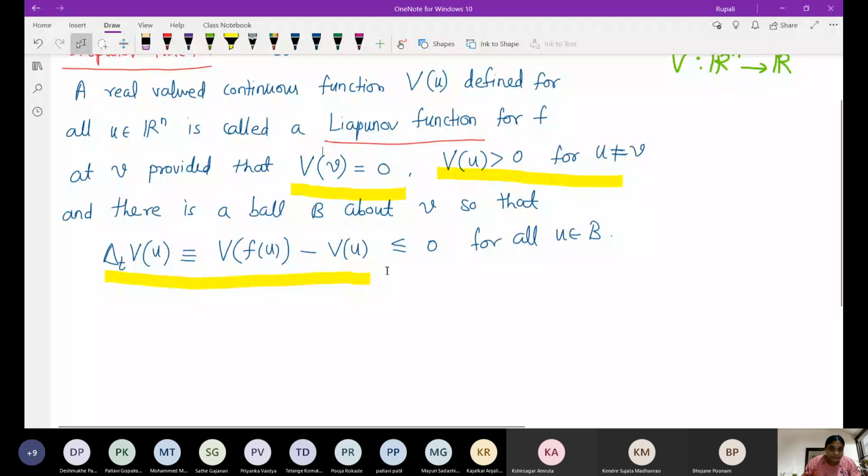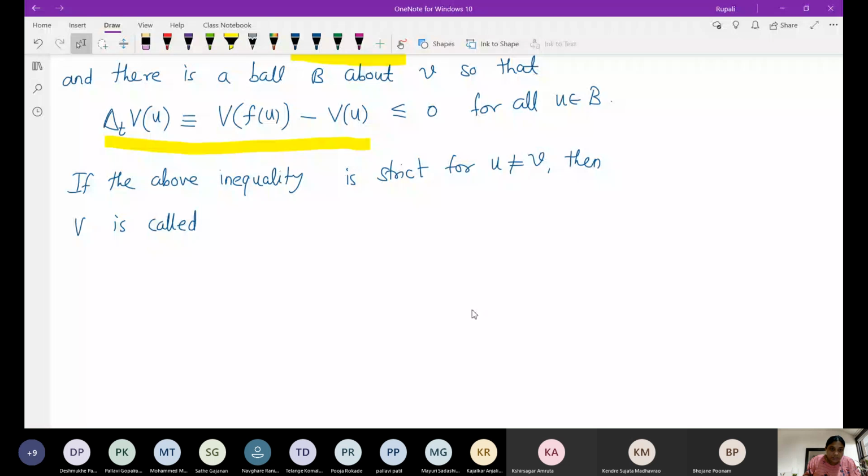Okay, so if the above inequality is strict, where here it is less than or equal to 0, that is, if there exists such a ball where V at f at u minus V at u is strictly less than 0 for all u belonging to B, then we say that capital V is a strict Liapunov function for f.